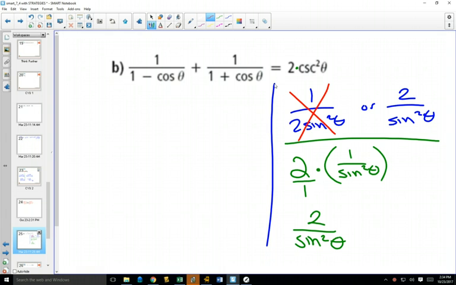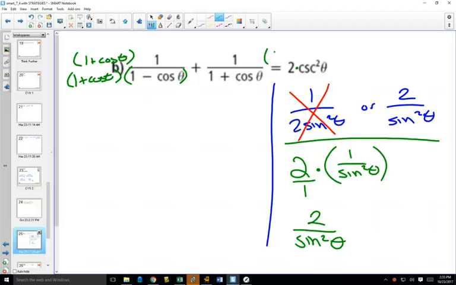On the right-hand side, I don't. So how do we get a single fraction? We need to get common denominator. So this one really looks messy to begin with, because here I have to multiply by 1 plus cos theta over 1 plus cos theta.